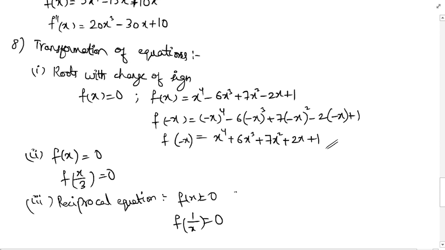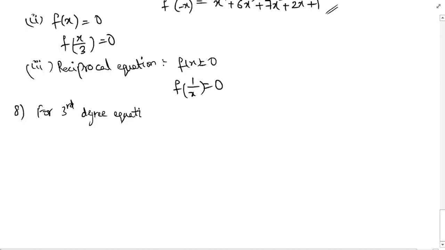So here the condition is that even when x is changed into 1 by x, the resultant equation will be same, like f of x is equal to f of 1 by x. Then only this equation is called a reciprocal equation.